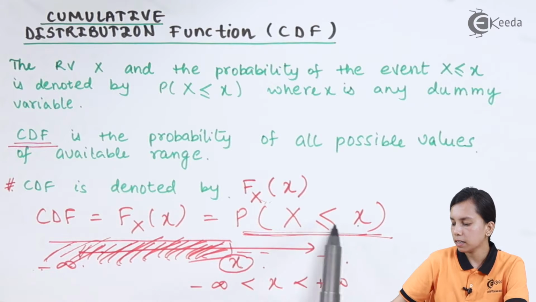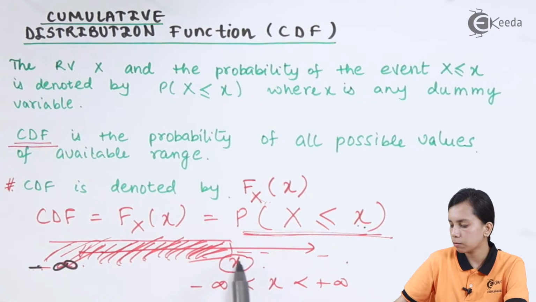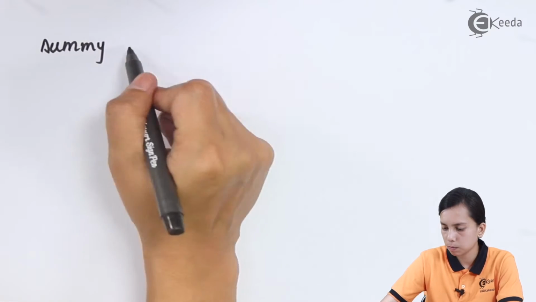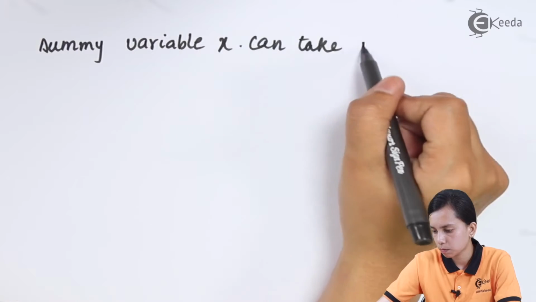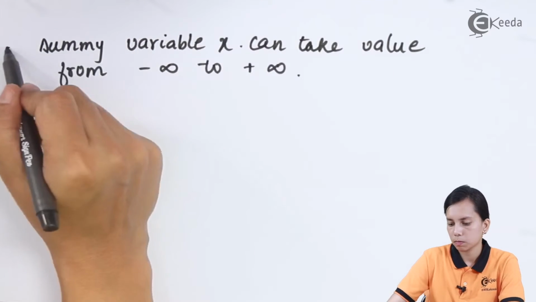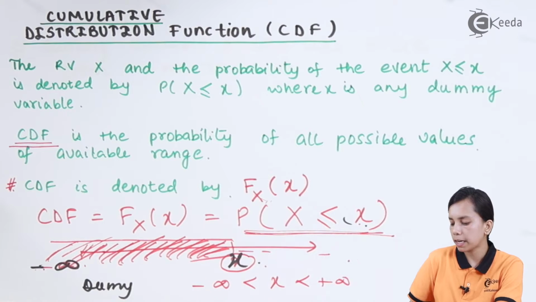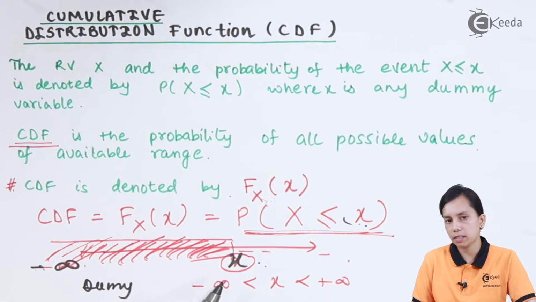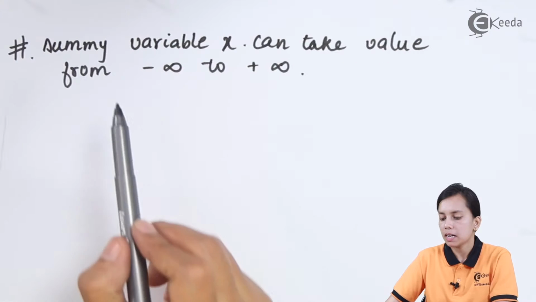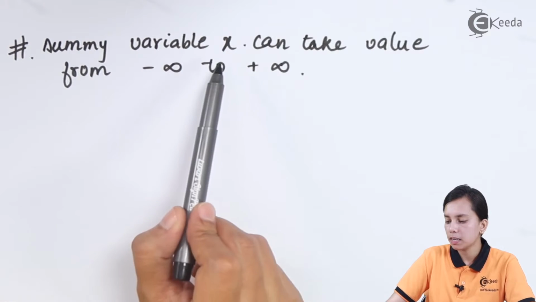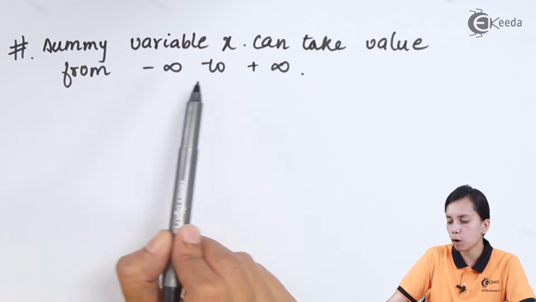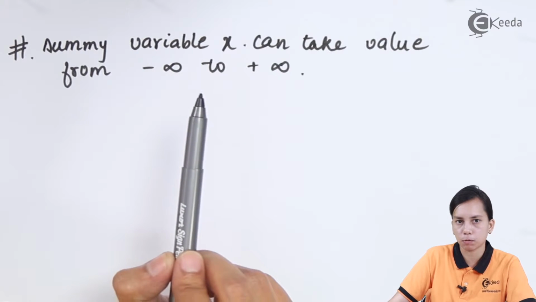So I can say that the range of this capital X random variable is from minus infinity to x. But this dummy variable small x can take value from minus infinity to plus infinity.